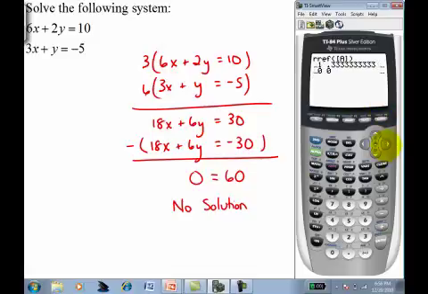So anytime you see 0, 0, 1 on the bottom, then you know that that's a no solution situation. For a system that is all real numbers, you'll see 0, 0, 0 on the bottom, which will always happen because 0x plus 0y will always equal 0. So that's another option using the calculator to do these problems.